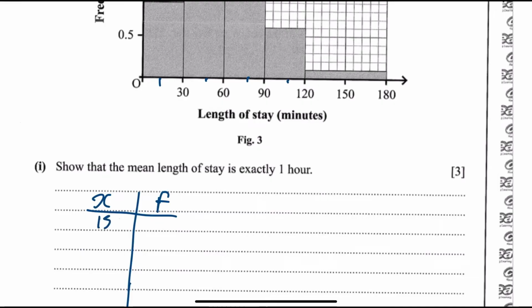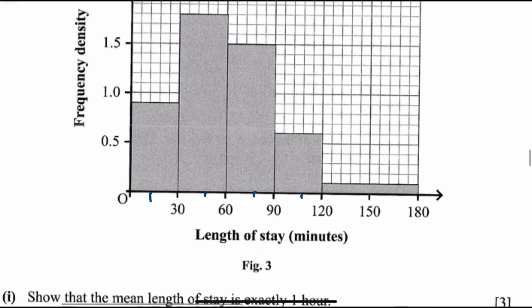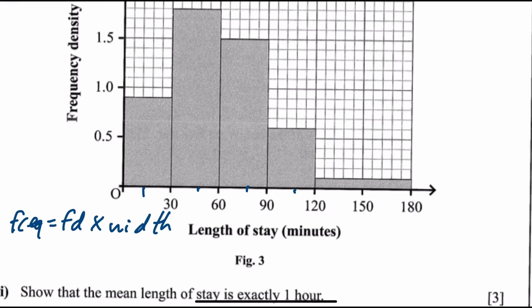So they're going to be 15, 45, 75, 105, and 150. To get the frequencies, frequency is your frequency density times your width. Okay, and just be careful, I made a mistake originally on one of these when I did this out.